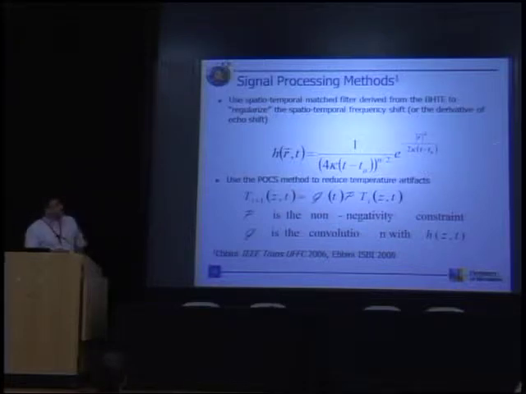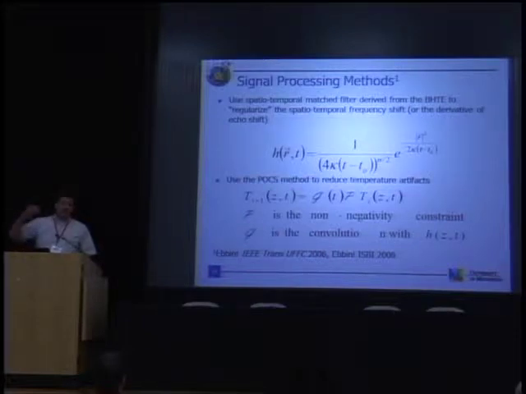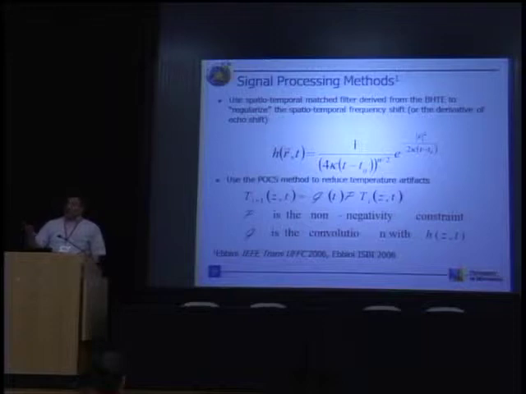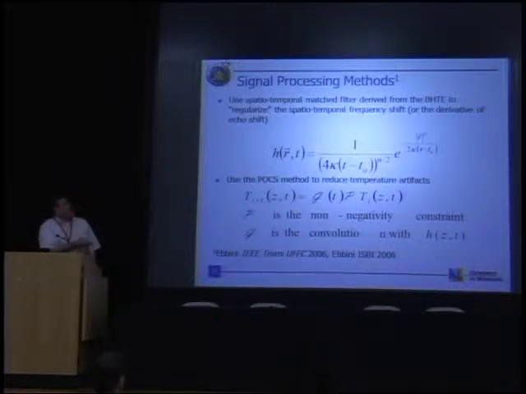This allows us to do rather sophisticated 2D, in fact, in this case, 3D filtering, combined with a projection algorithm that kind of forces the data to conform, if you will, with temperature evolution according to the bioheat equation, which is the known model for this, and this is nothing more than the Green's function of the bioheat equation. So this is actually implemented in real time as a 2D filter.